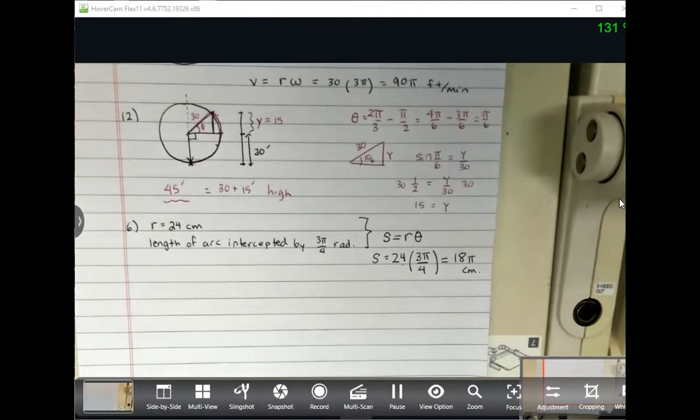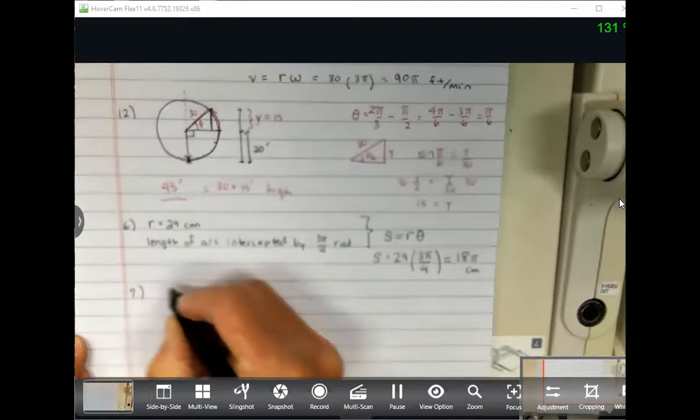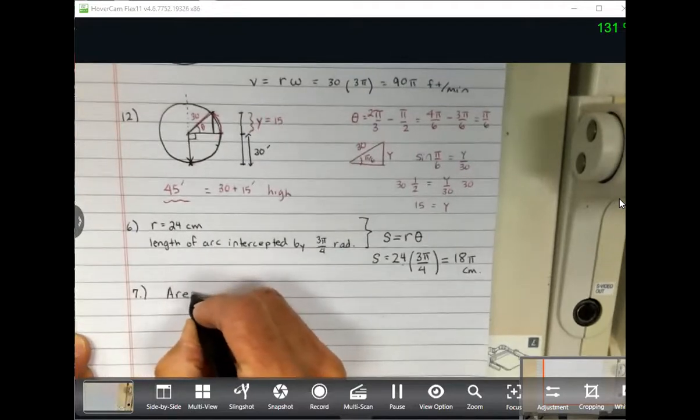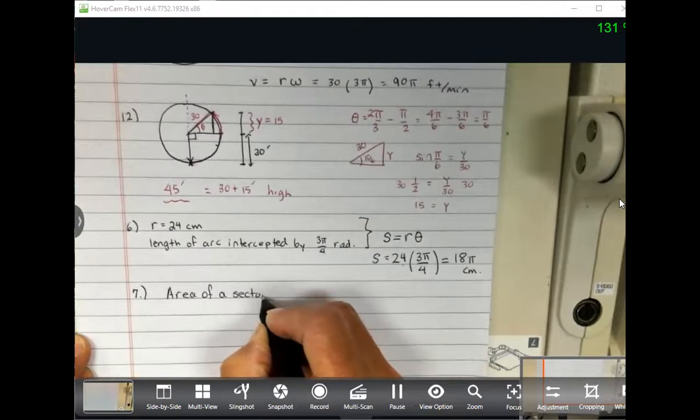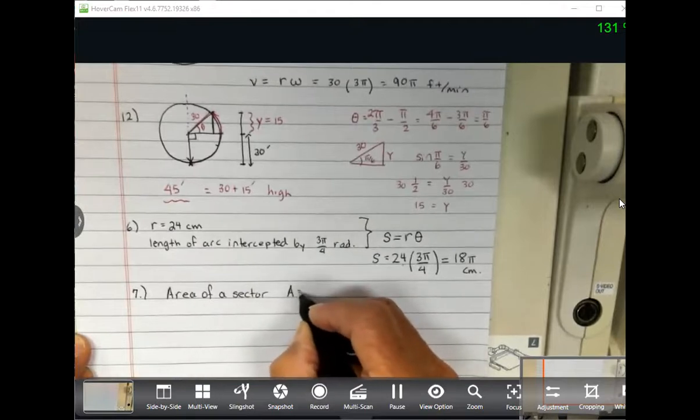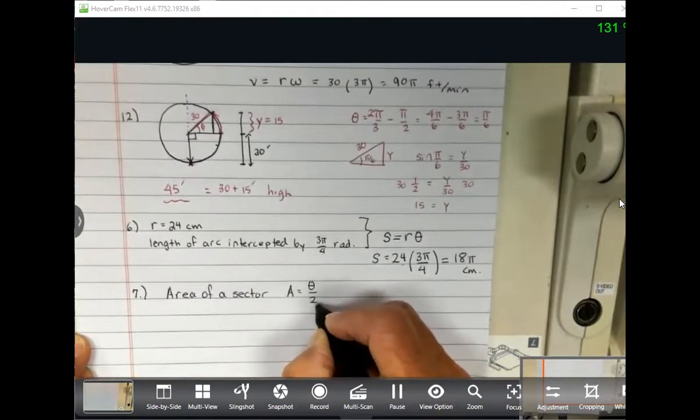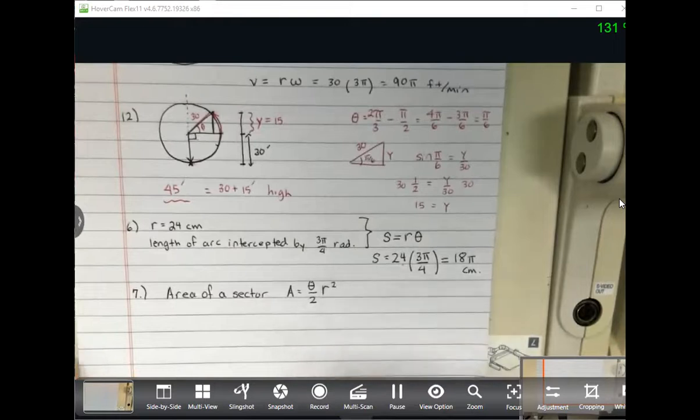And then on number 7, the other formula we had was for the area of a sector. Area is equal to theta divided by 2 times r squared. Many of you forgot the divided by 2 part.